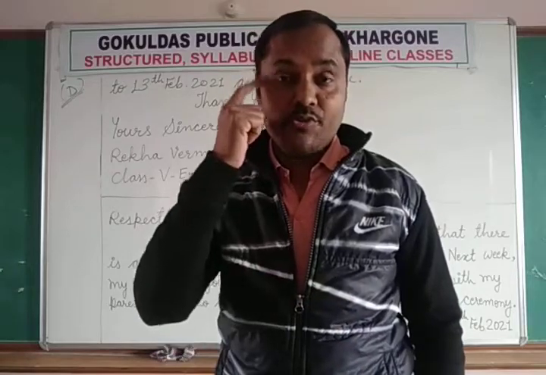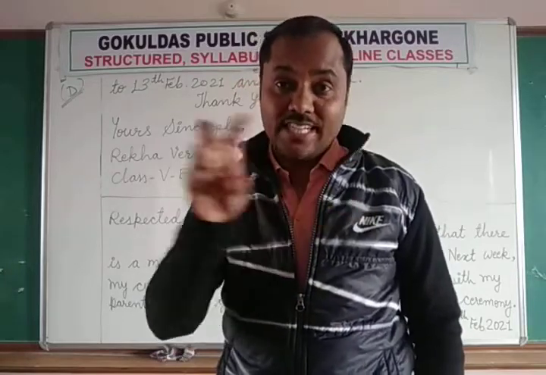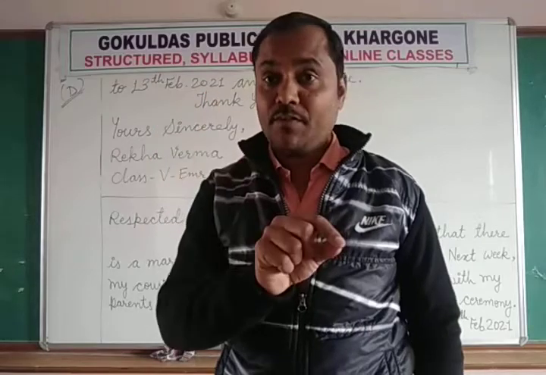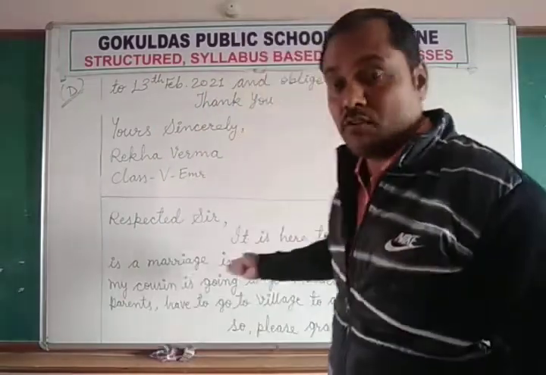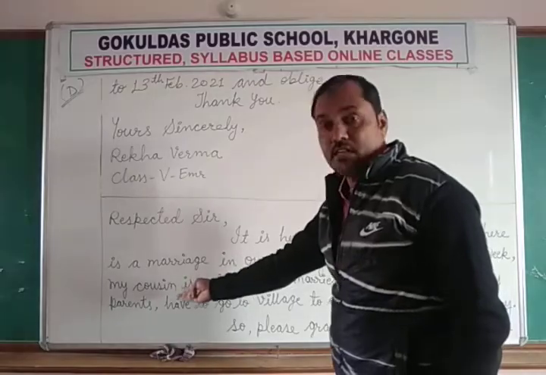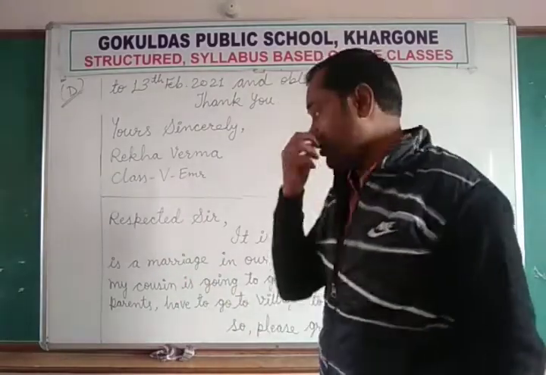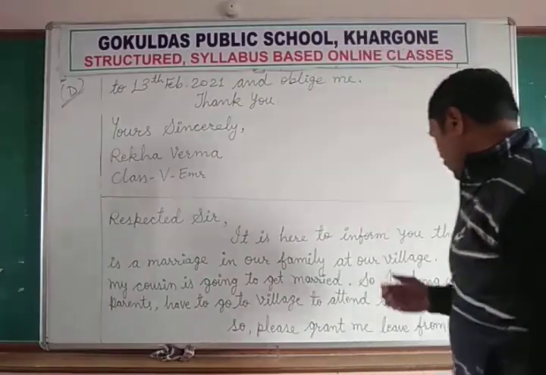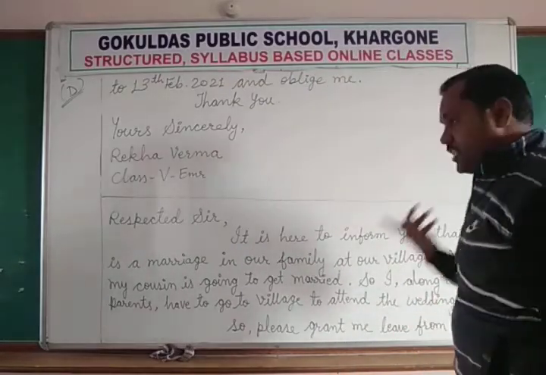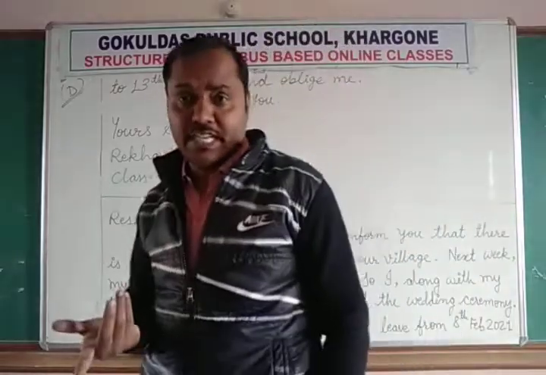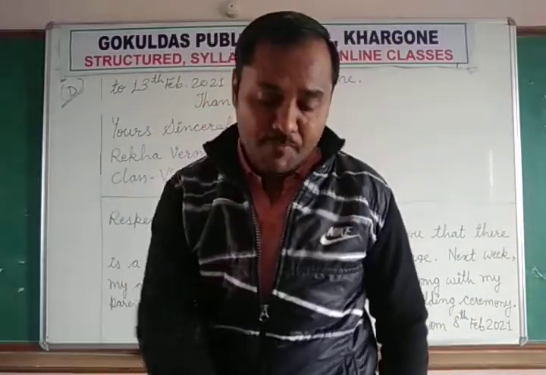You should use your brain. Whenever the question is given in your question paper, a lot of spellings are already mentioned there. Your cousins spelling is already in the question, marriage spelling is also there.